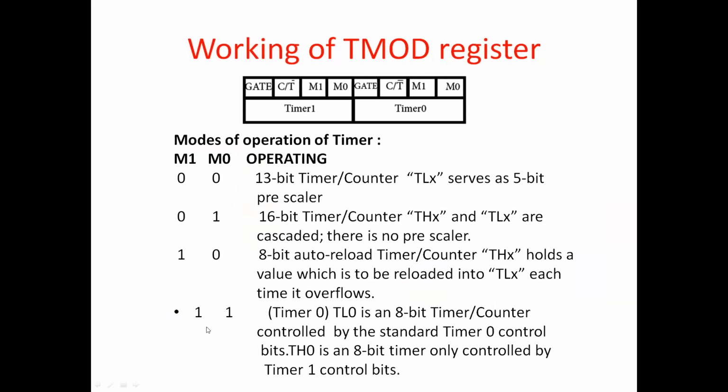0, 1, 2, 3. If you select mode 0, then in TL only 5 bits will be used, and in TH all 8 bits will be used. So 8 plus 5, 13. Or one 8-bit counter is there, which is multiplied by a 5-bit value.